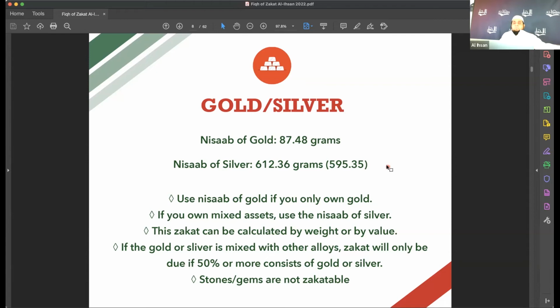You can't give that all to one person, because as soon as you give them the amount up to nisab, say 600, they can't get more zakat now, because only those people can receive zakat who don't have nisab. So if you're giving them more than the nisab, that excess, they're not eligible to receive.